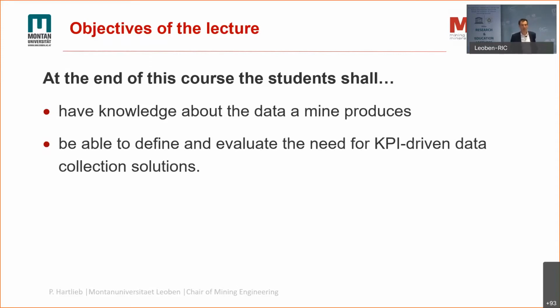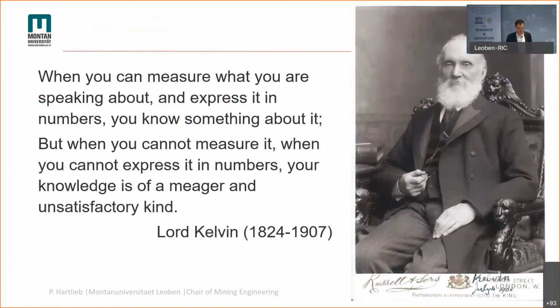For the start, I brought you a quote, which is a bit more than 100 years old, by Lord Kelvin. He said, when you can measure what you're speaking about and express it in numbers, you know something about it. But when you cannot measure it, when you cannot express it in numbers, your knowledge is of a meager and unsatisfactory kind.